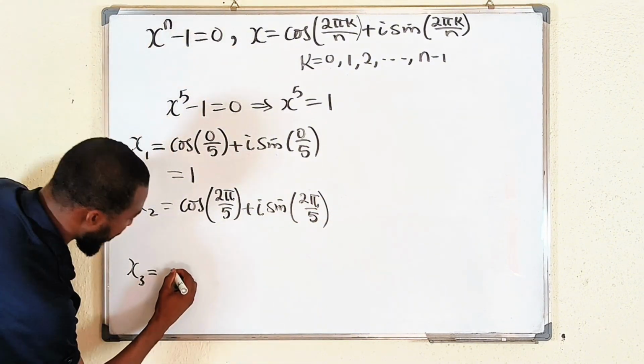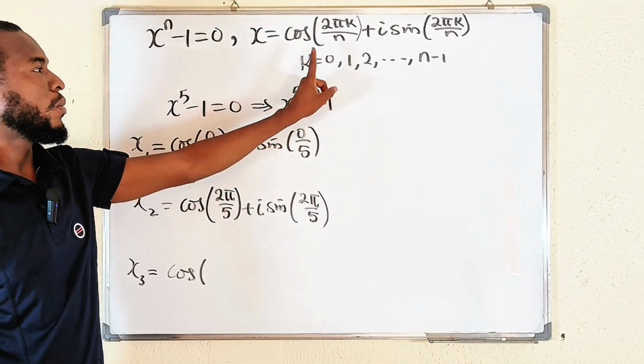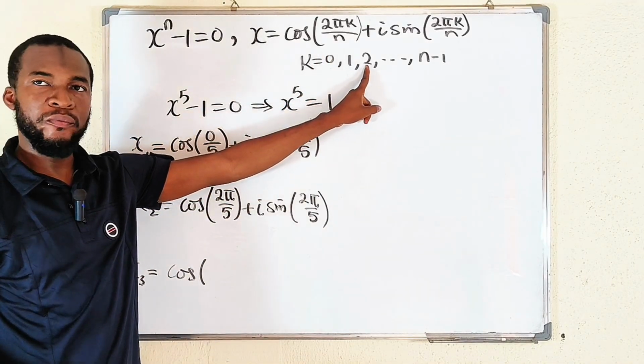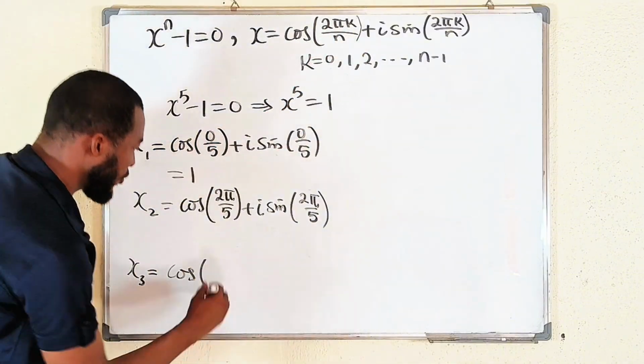Then x3, we have cosine of what? When k is 2, this is going to give us 4 pi on top.